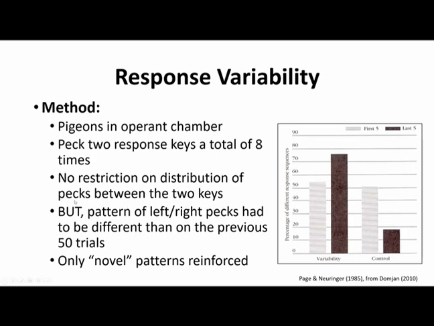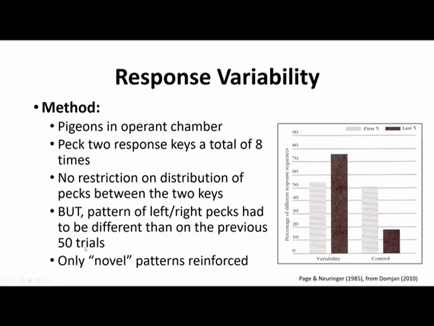And there's no restriction on the distribution of pecks between the two keys. However, they would only receive reinforcement if that particular pattern of pecking between the left and right keys, between our horizontal striped and our black keys, hadn't been seen in the previous 50 trials.